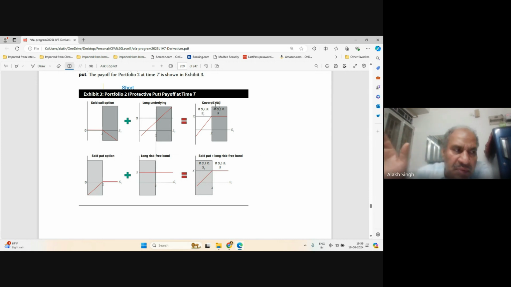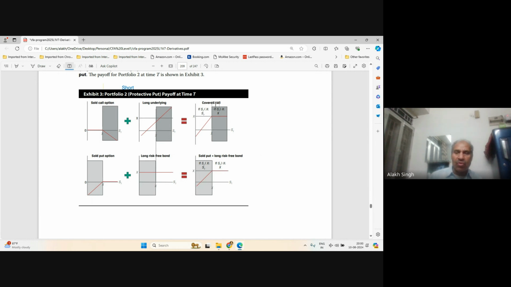The difference between fiduciary call and covered call is that a covered call is defined as you buy the stock and sell the call. So the call has been covered by the stock purchase, so there is no credit risk. And if the call price rises, your stock also rises, so you are solvent.